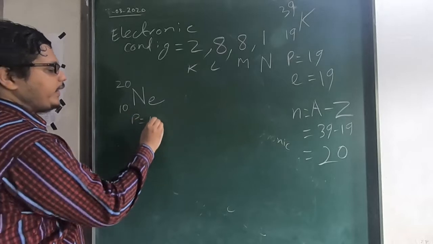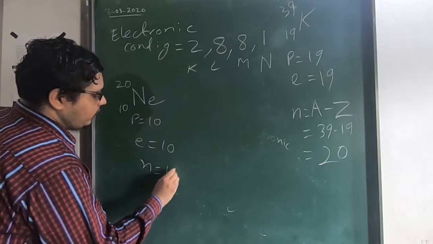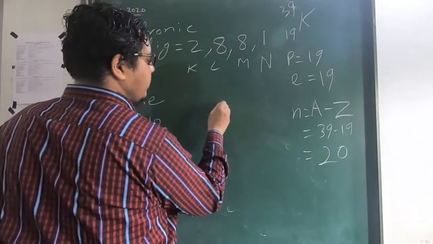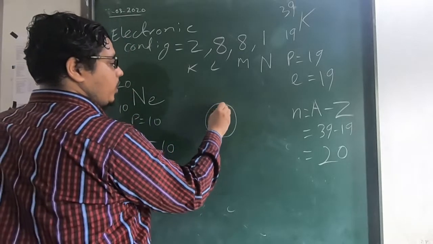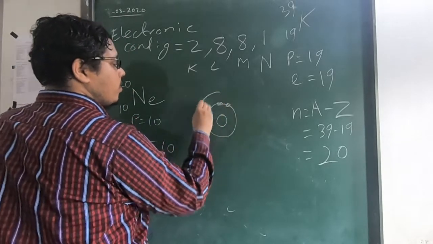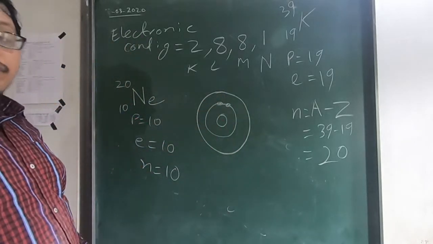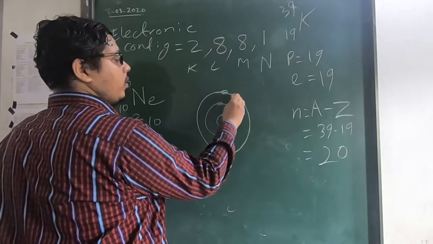Proton will be 10, electron will be 10, neutron will also be 10. If I show only the electrons, the first shell will have 2, the second shell will have how many? 2 gone from 10, so 8 more.